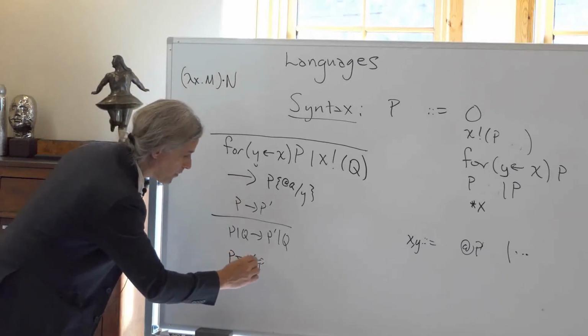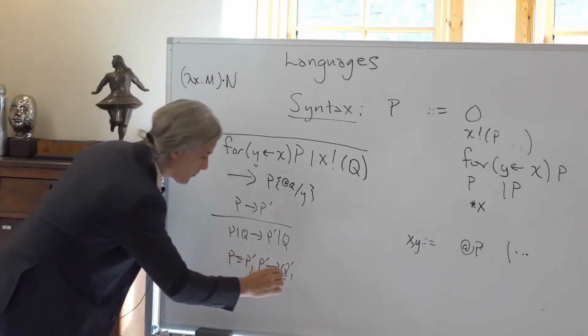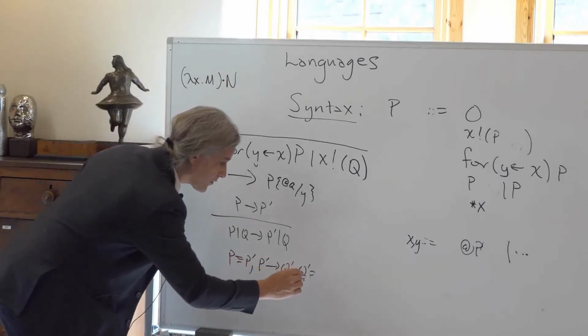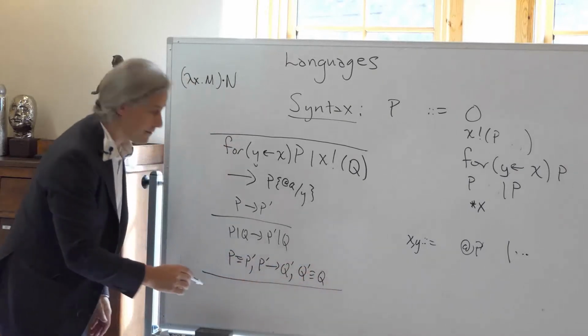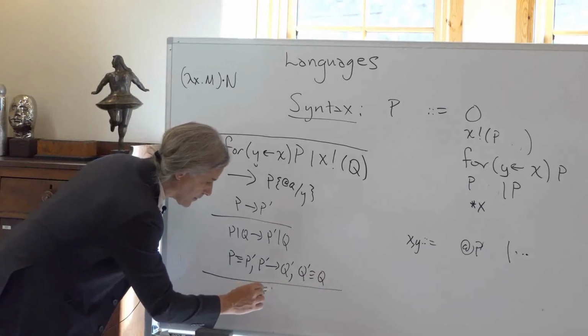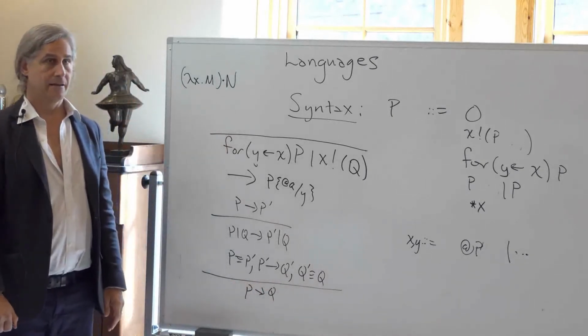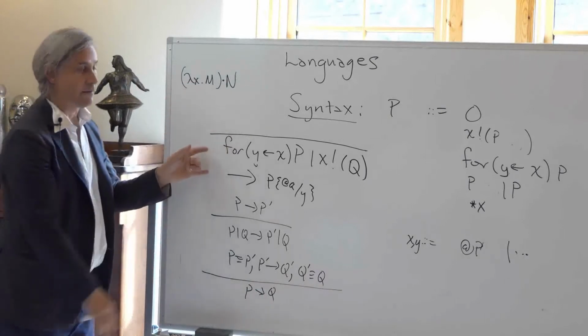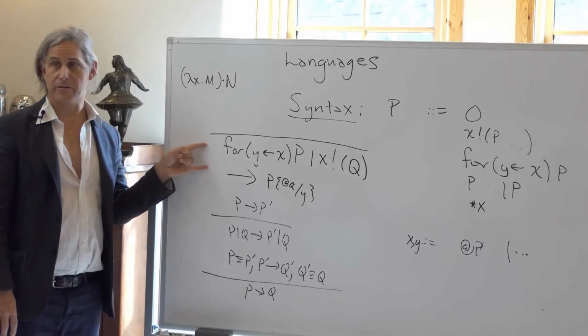Suppose that P prime reduces to Q prime. And finally, suppose that Q prime is structurally equivalent to Q. You can guess what this line is. We want that P reduces to Q. Does that make sense? So that's it. Again, I stand by my claim. This is far simpler than the pi calculus.